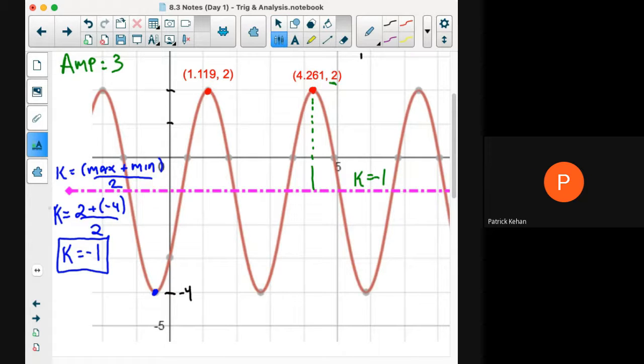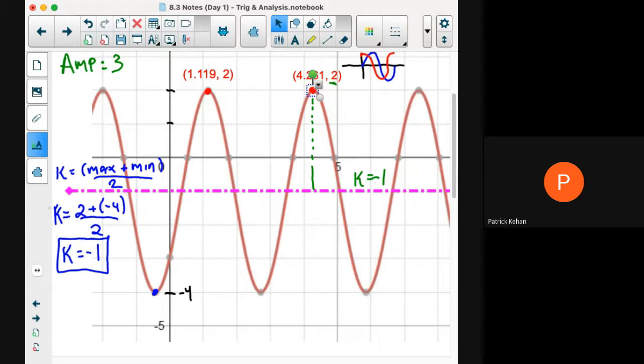Remember, your sine function starts at the line of oscillation and runs like this. A cosine function starts at a high point and runs like that. So I have a high point right here, and another high point right here.